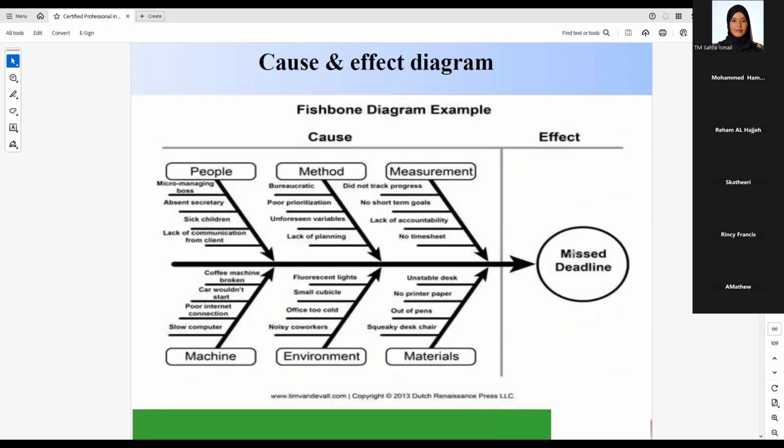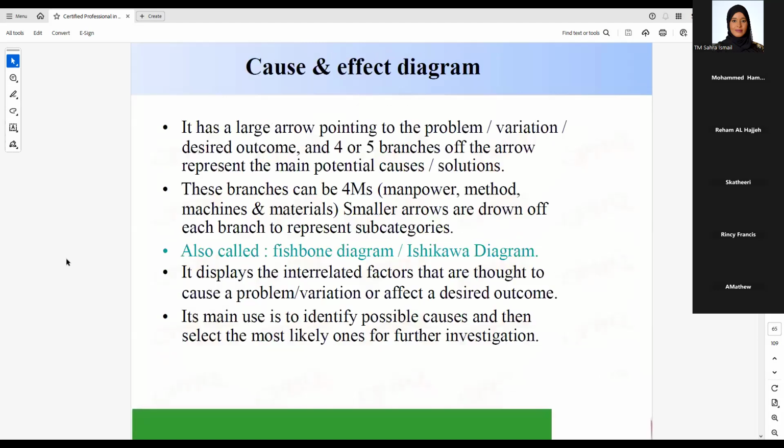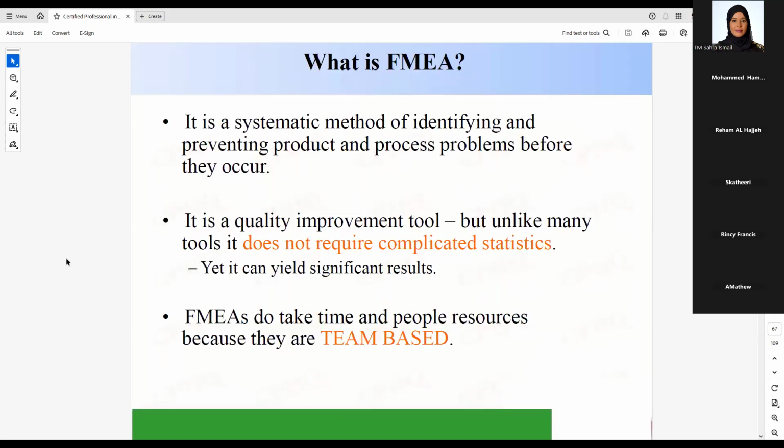So, for example, missed deadline. I don't know, this is not related to healthcare, it's just general. But you try to categorize them under certain elements and then you add the sub-points under them. So this is the cause and effect diagram.